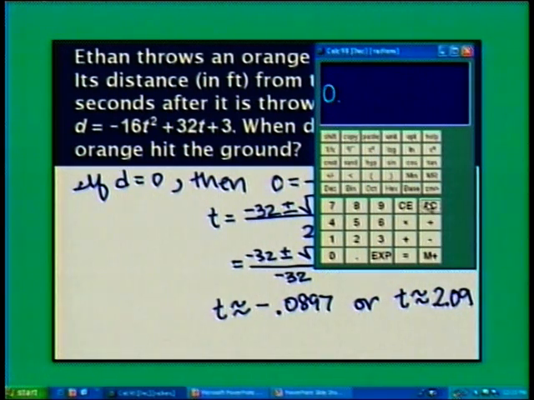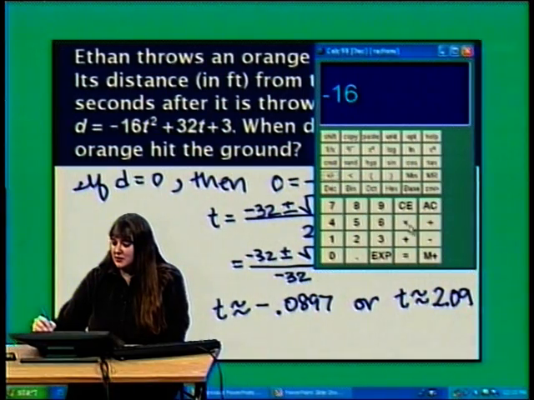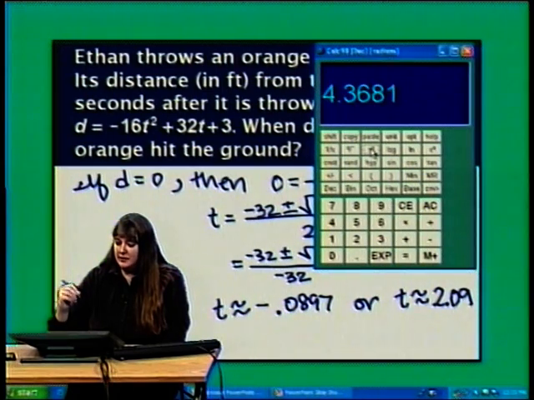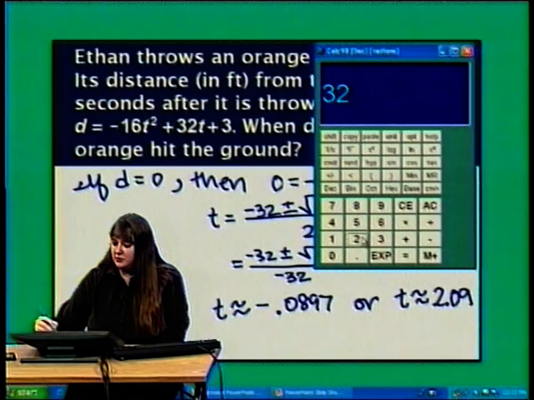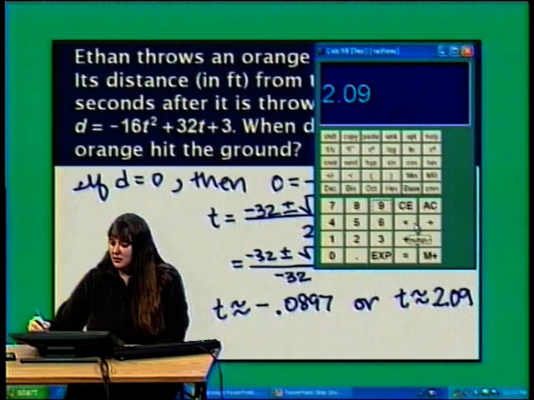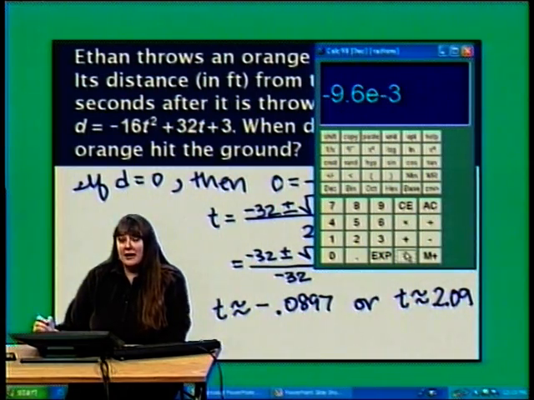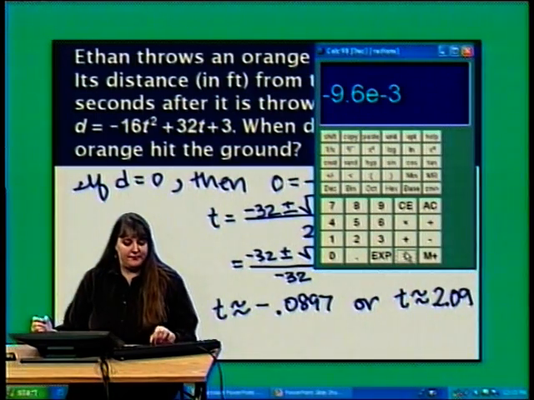Well, d is negative 16 times 2.09 squared, plus 32 times 2.09 plus 3. And I get a number fairly close to 0. Remember, this is scientific notation, so this is about negative 0.0096. I expected some rounding error because I rounded the value of t to 2 decimal places.